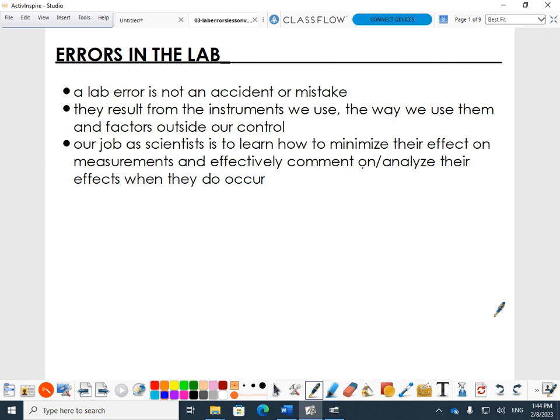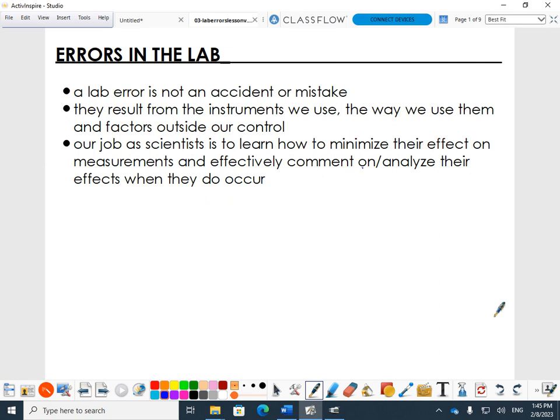Maybe you're generally a hotter person than somebody else. There's all kinds of things that can be introduced. Our job as scientists is to learn how to minimize their effect. And if there is something that you can't minimize, for example, I'm forcing you to use somebody else's data, then let's analyze it and talk about what we can do to fix it next time.